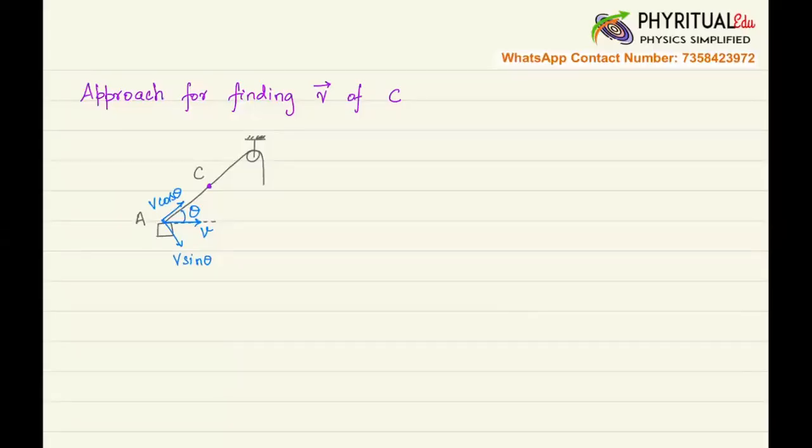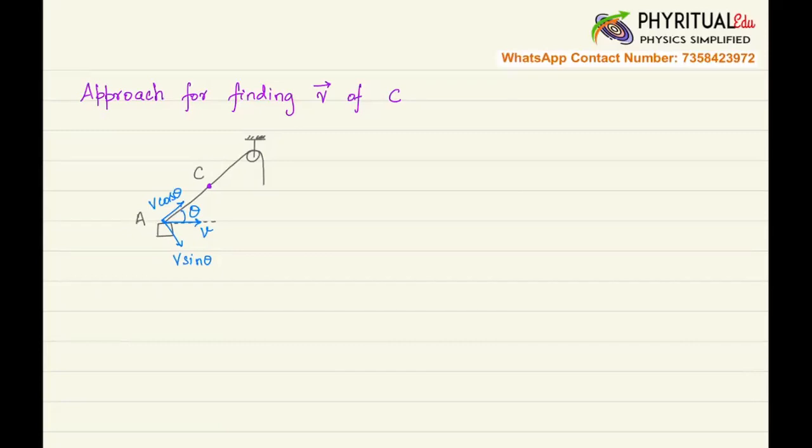So now here is how you go about finding velocity of some particular point on the inclined part of the string. So it's a very interesting case. We are going to be borrowing ideas from the chapter of rotational motion, rigid body dynamics. See, it's very interesting. Although string is not a rigid body, the string can bend. Right?